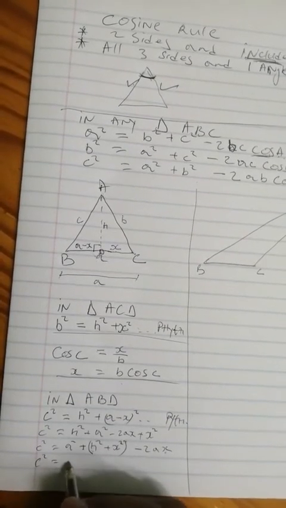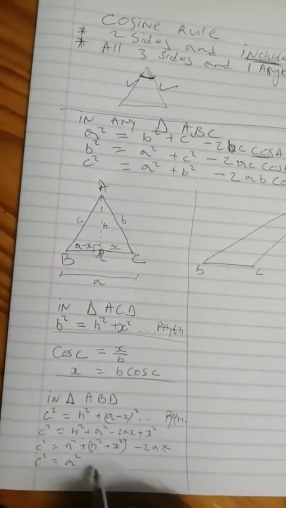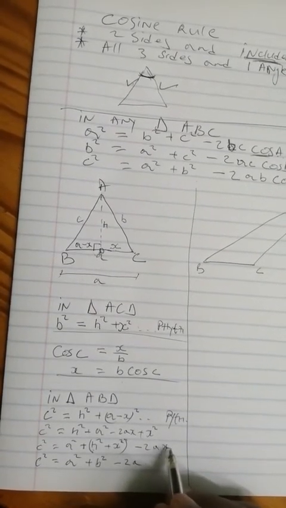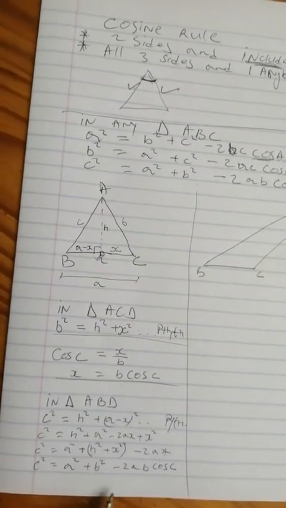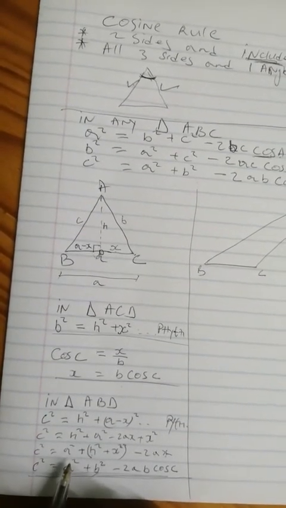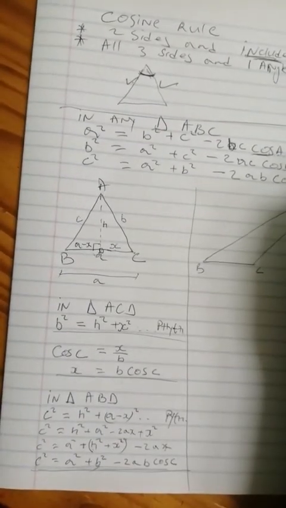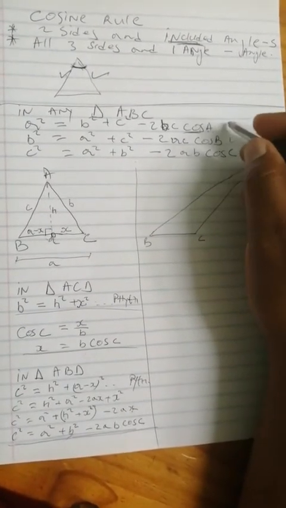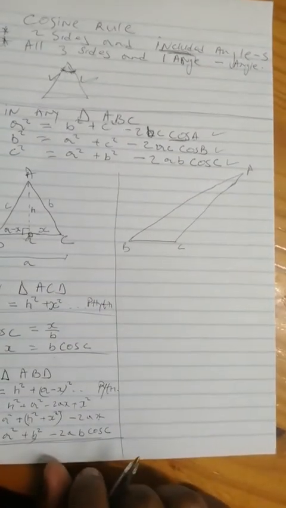C squared is equal to A squared plus B squared minus 2A, and instead of X we put B cos C. And we have proven the cosine rule. You can do the same thing for B squared and also for A squared. I hope that's clear.